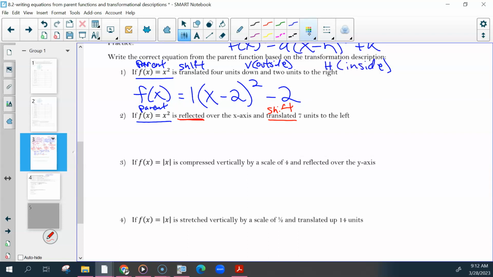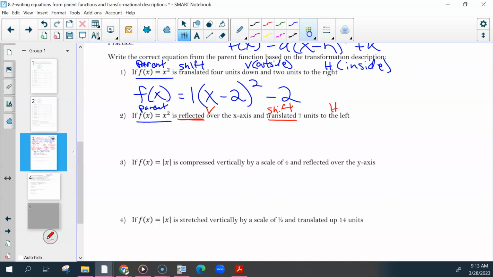Okay. So for the first one, reflected over the x-axis. So this is my x-axis, and it's doing this. Is that a vertical reflection or a horizontal reflection? Vertical. And then if it shifted 7 units to the left, is that horizontal or vertical? Horizontal.